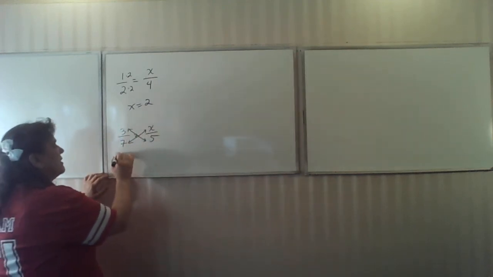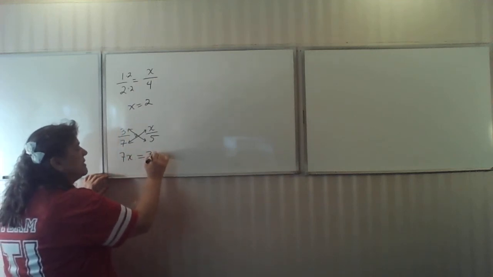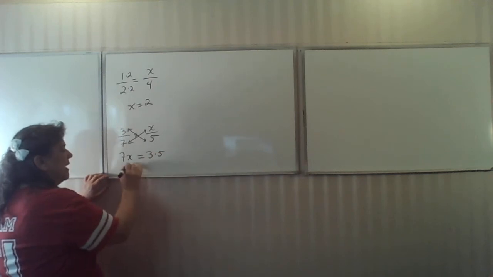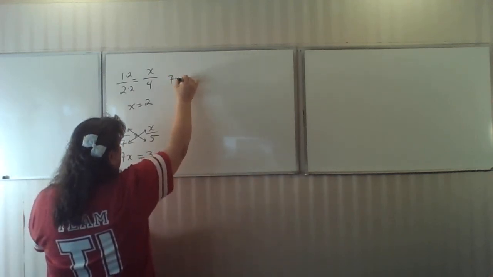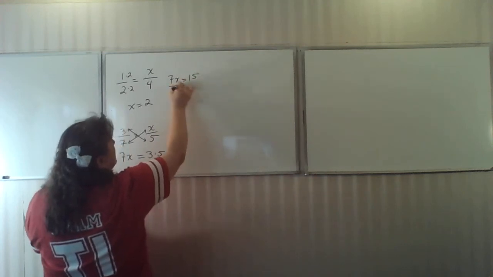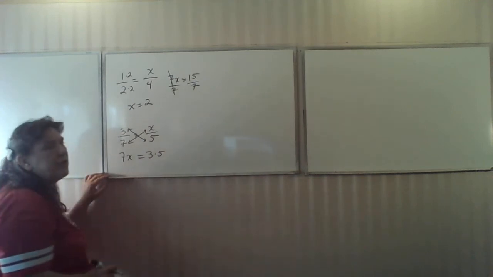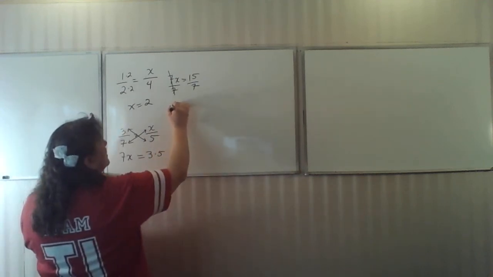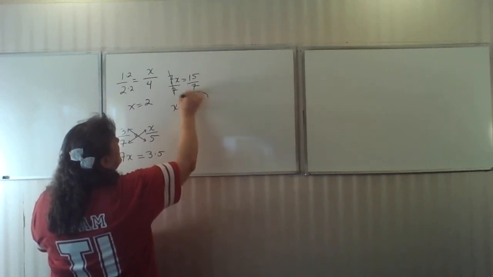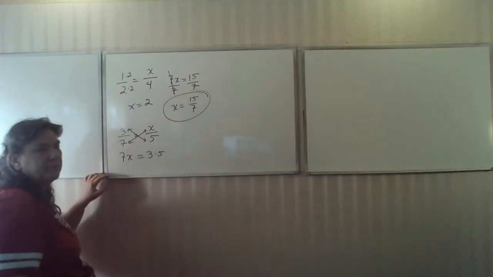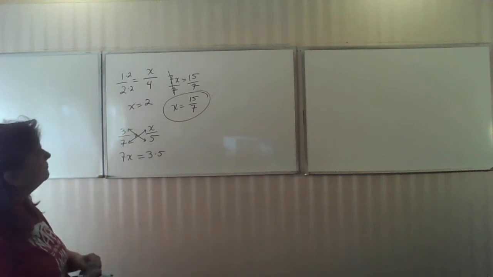So therefore, 7 times x has to equal 3 times 5. And so let's write it up here because I'm out of room. 7x equals 15. Divide both sides by 7. You see how you're using all of your equation solving skills. So x is going to equal 15/7. Leave it as a fraction. Okay? And that would be your answer on that one.